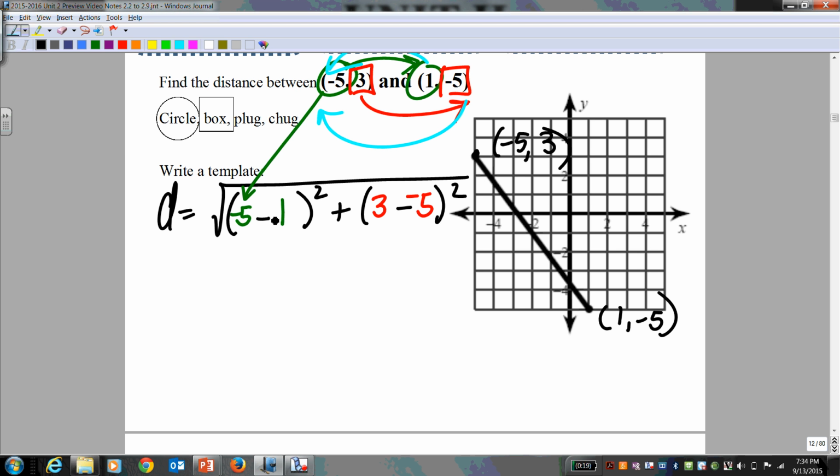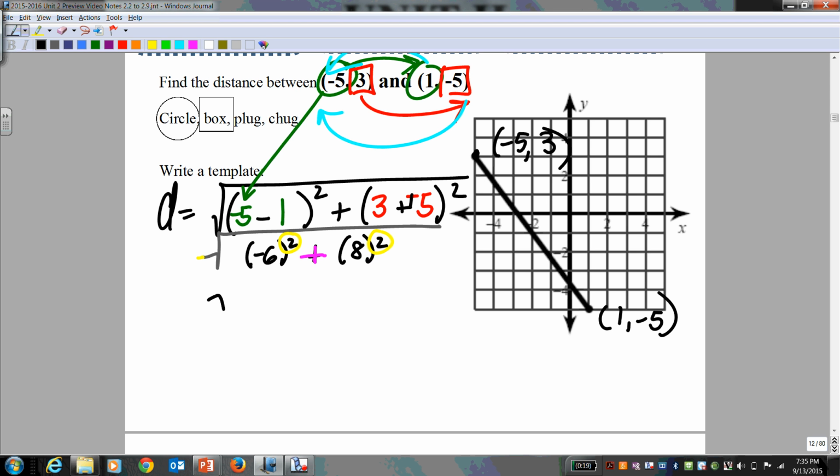So we have -5 minus 1, that's -6, parentheses squared, plus 3 minus negative, double negative makes a positive. This is going to be 8 squared. And then don't drop that square root sign. Warning, the square root sign does not cancel the squares. Why? Because of that plus sign in between.